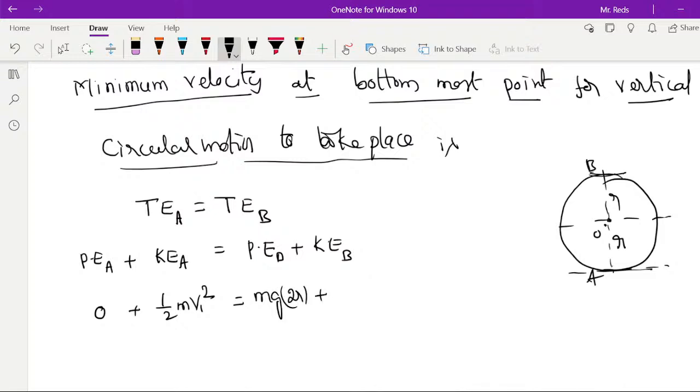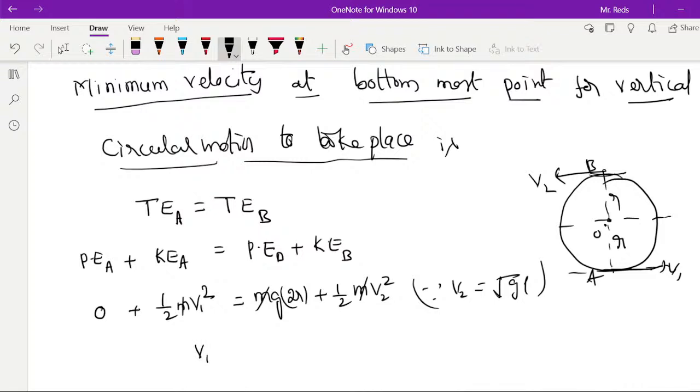Plus kinetic energy here. This is velocity v1, this is velocity v2. For vertical circular motion to take place, the minimum velocity at B should be such that kinetic energy is half m v2 square, but v2 is nothing but square root of gl, so v2 square is just gl. By substituting all here, m is common, you can take it out.